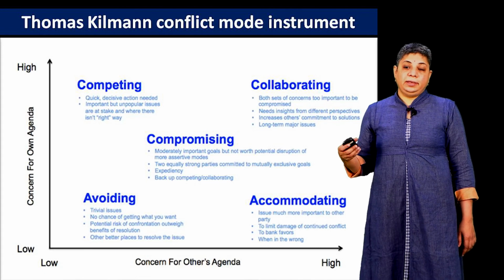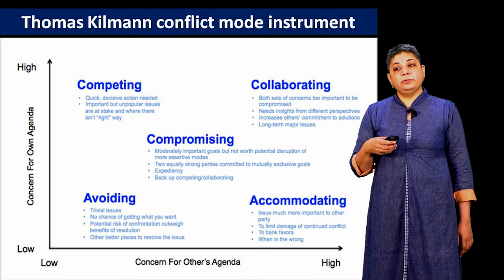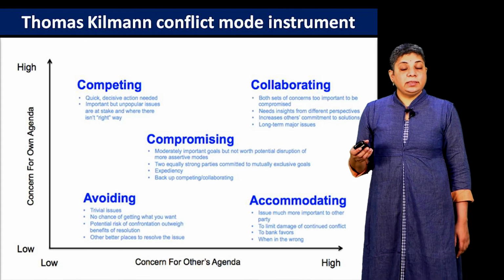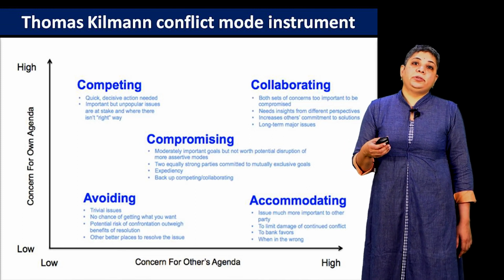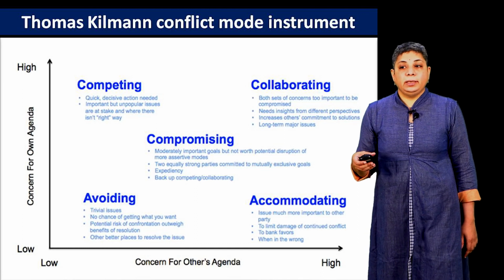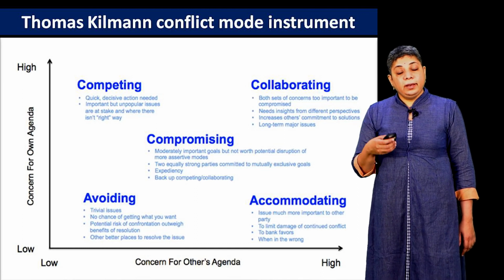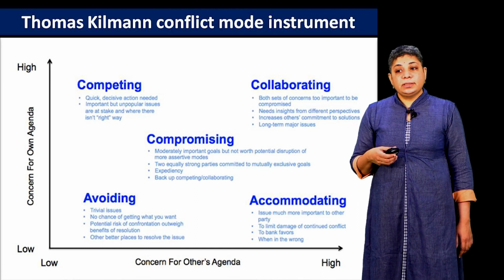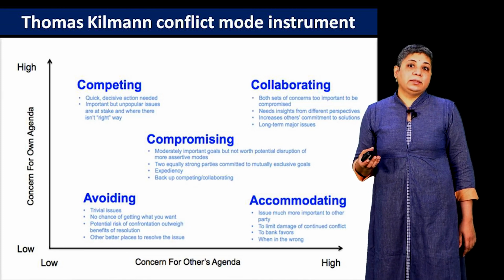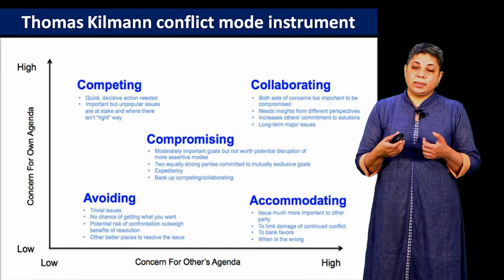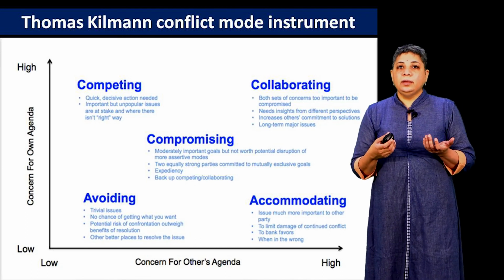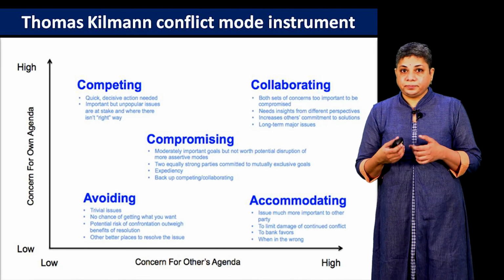Then at the other end, when the concern for the others' agenda is very, very high, that's when your approach to conflict is more of an accommodating type. When the concern for yourself is high and also for the others is high, that is when you start collaborating, and that's what you basically look for in an ideal scenario, in an ideal team.